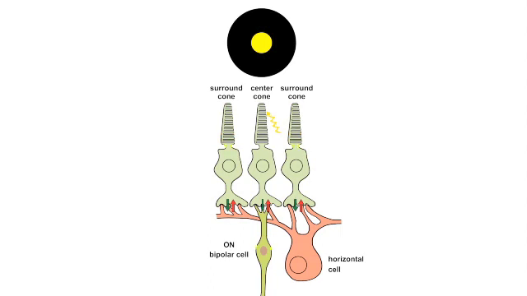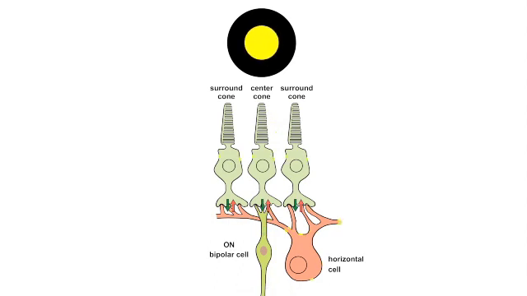The horizontal cell is excited by this neurotransmitter and continues to send high levels of inhibitory feedback to all the cones. This inhibitory feedback causes the center cone to release even less neurotransmitter. The on bipolar cell, postsynaptic to the center cone, is maximally excited as it reverses the sign of the cone.